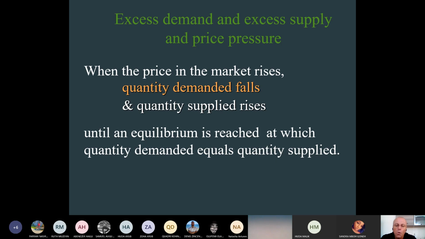Consumers are always welfare oriented, utility oriented, and the price negatively affects this utility. The welfare of consumers is always negatively affected by a price increase. And quantity supplied rises, until an equilibrium is reached at which quantity demanded equals quantity supplied. Then we have no problem.